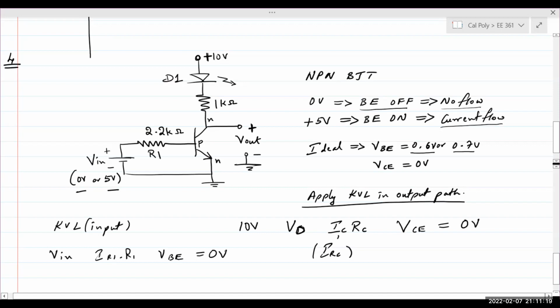I'll leave it to the students to determine what voltages add up and which ones are subtracted. Once you solve for those, you should be able to calculate IRC and IR1. And also V out. Think about where V out is taken from, and the answer is, well, it's already given.